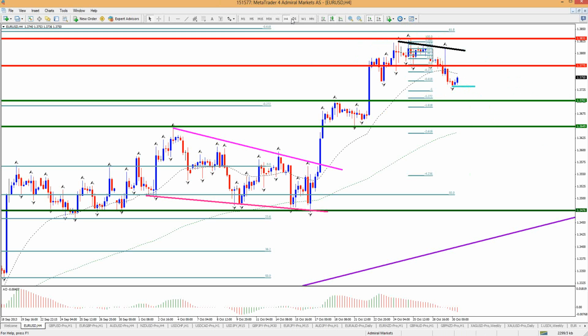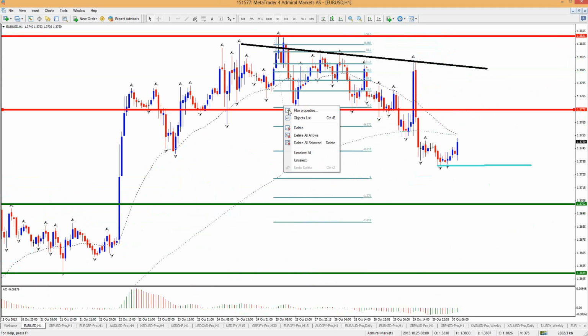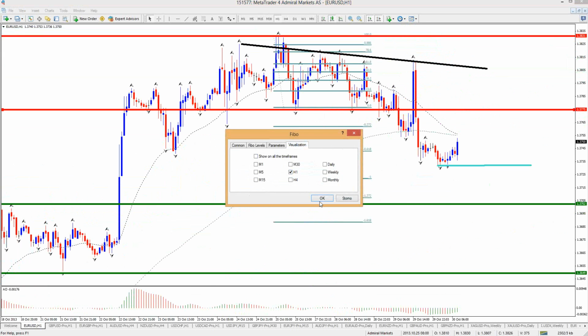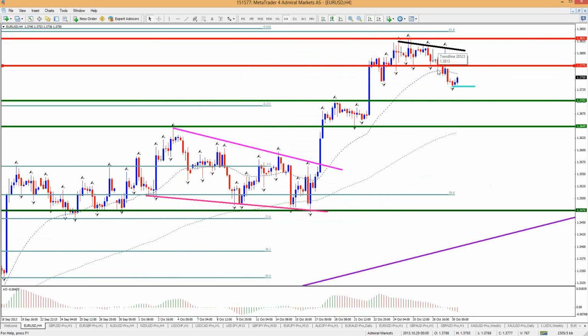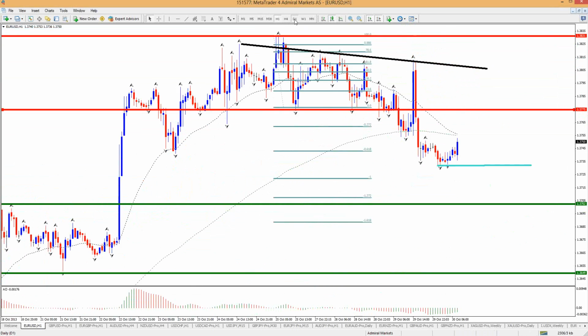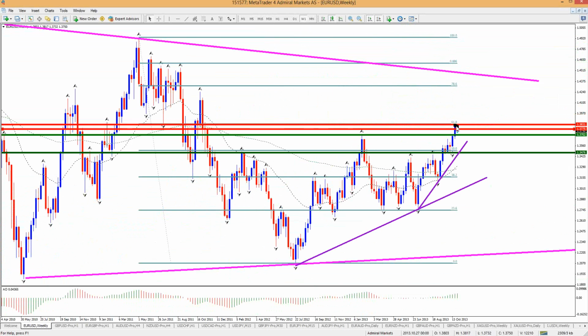From a bigger perspective, the reason why I think that upside is likely, let me get rid of this fib one second. Now that we've broken this top, there is a pretty decent chance of doing this, definitely a pretty strong chance.